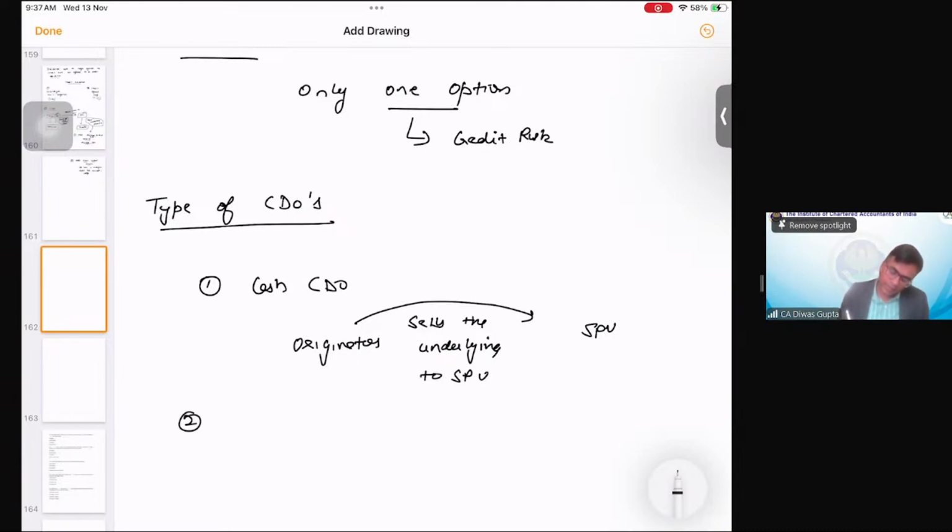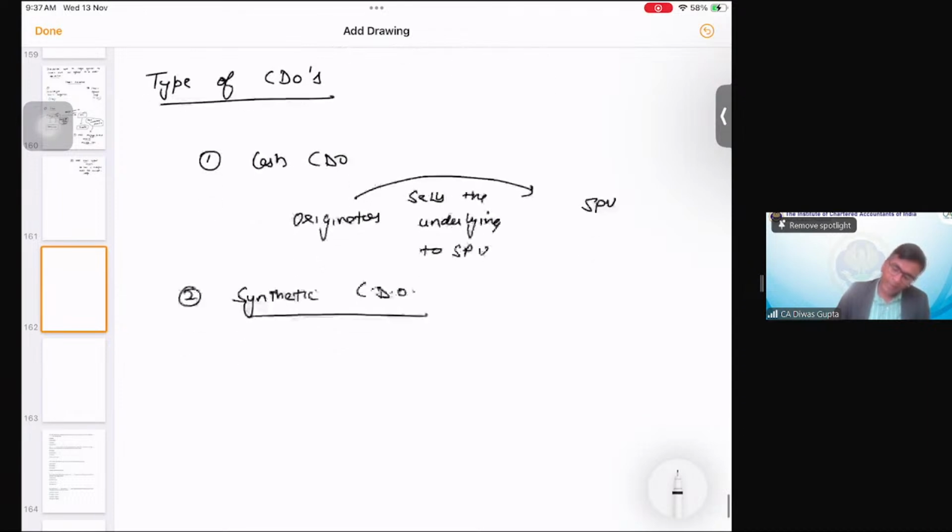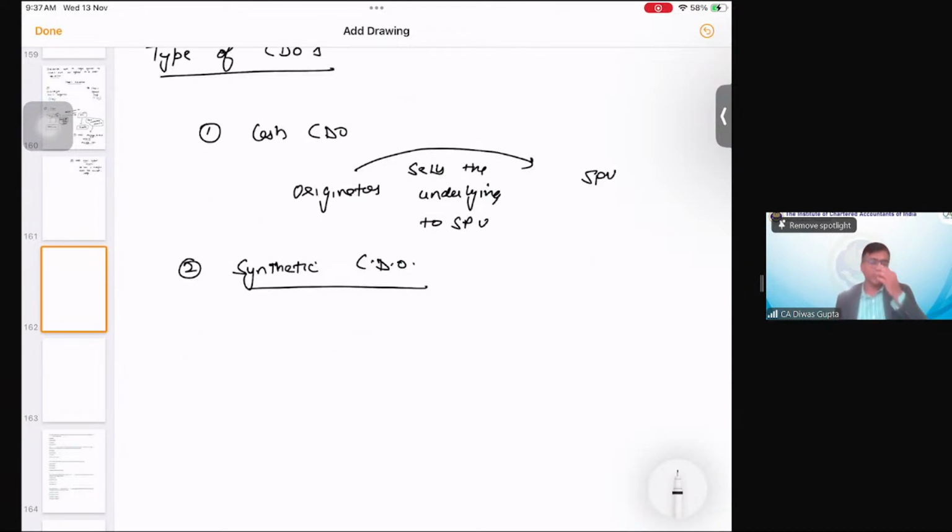Second is synthetic CDOs. In this case, the actual transfer never happens. Only the credit risk gets transferred. So the originator will transfer to the SPV only the credit risk, which is equivalent to that 20%. The actual sale of the assets or the underlying will not happen.